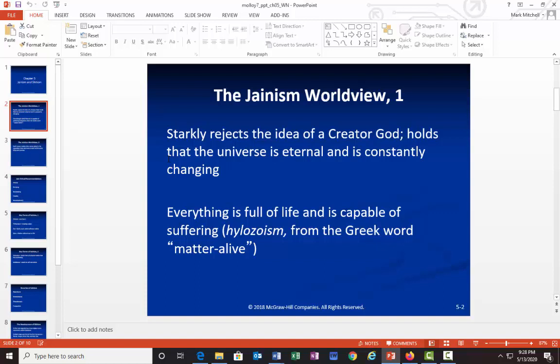So the legend is that some think he didn't marry, while others think that he was married and had a child. But like the Buddha, he left home somewhere around 30 to live the life of a wandering holy man. And he at first also practiced extreme asceticism.